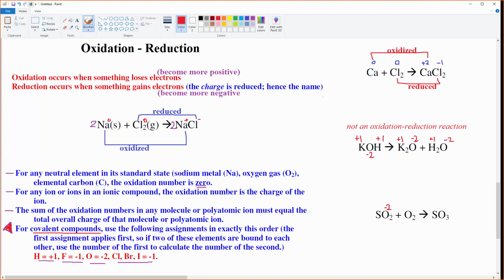Which means the sulfur must be +4. Good. 2 oxygens, each at -2, it's got to be balanced out by a +4. Okay, what about this oxygen right here? Oh, good, that's 0. Excellent. And what about this SO3 over here?